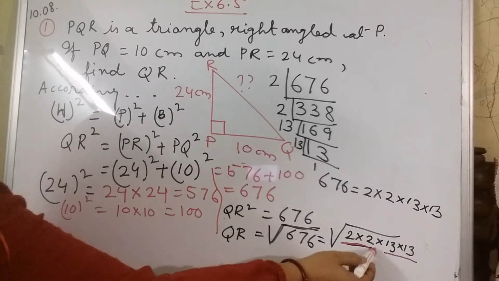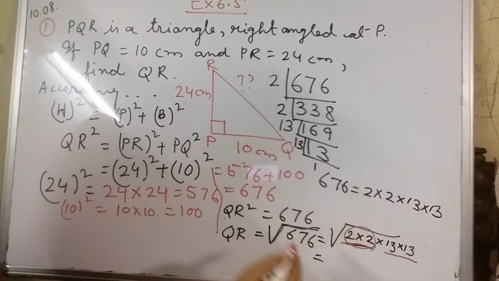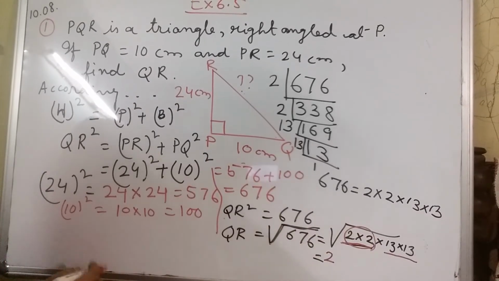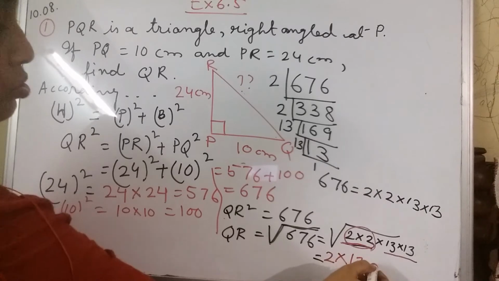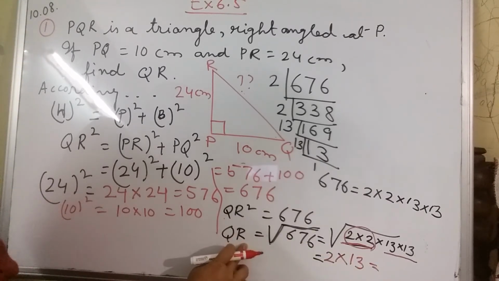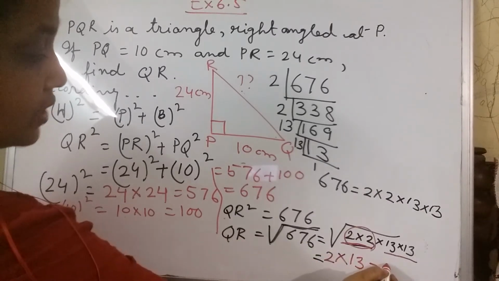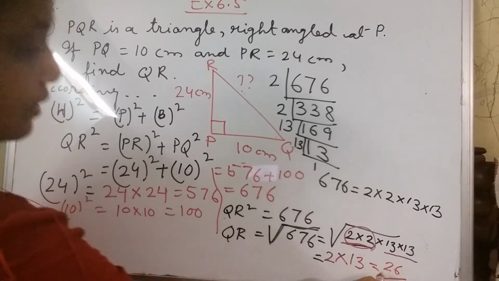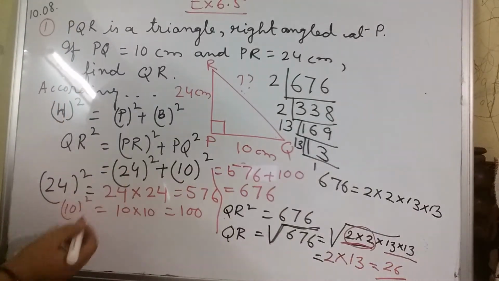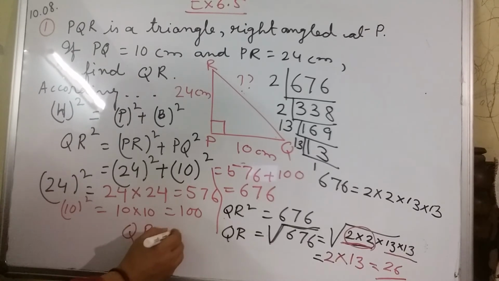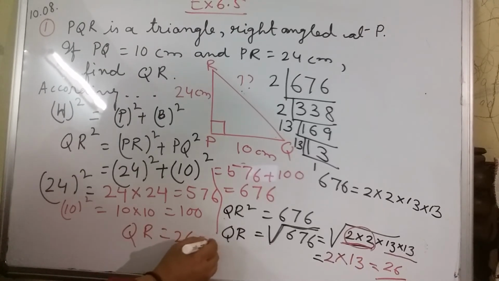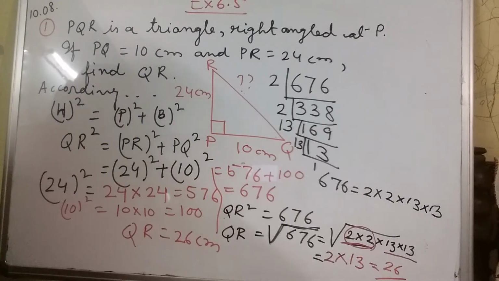So for this pair of 2, one 2 will come out, and for this pair of 13, one 13 will come out. So QR will be equal to 13 2s are 26. So your answer will be QR equals 26 centimeter.